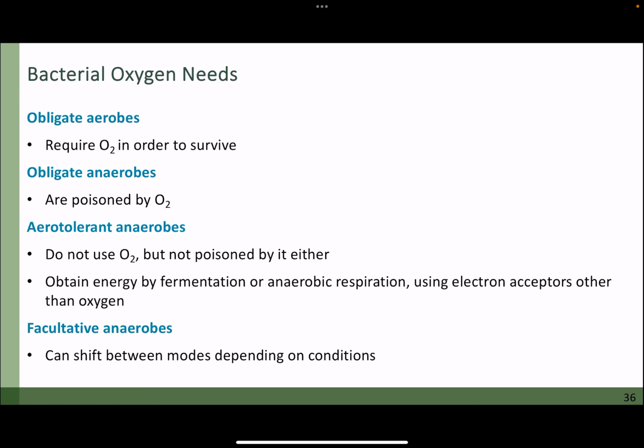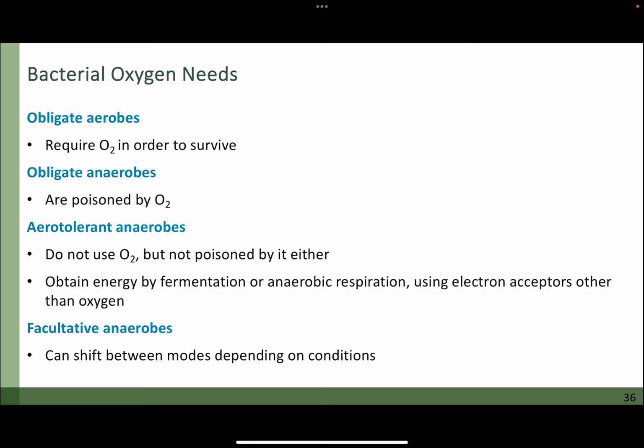Continuing on with our bacteria metabolism, the way that they utilize oxygen is also really important. So we have a couple of different terms here. We have the term aerobe. These are organisms that use oxygen. So the oxygen is usually required in order for them to survive.